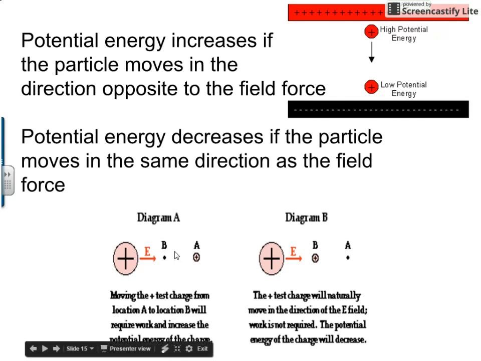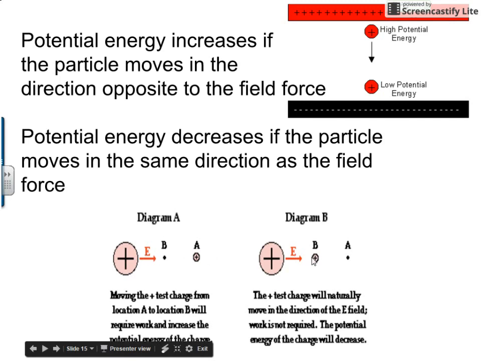So here we have a test charge, A, and we have a big plus sign. If we get this plus A charge closer to our big positive charge, it will have more potential energy because we're forcing it to do what it does not want to do.